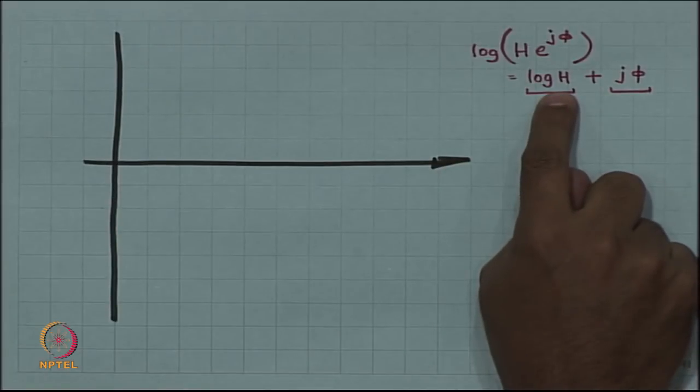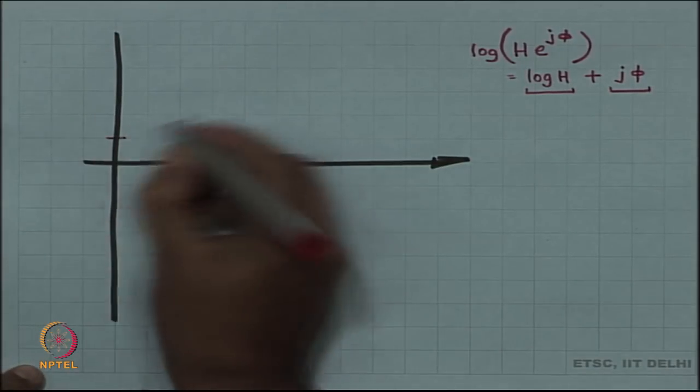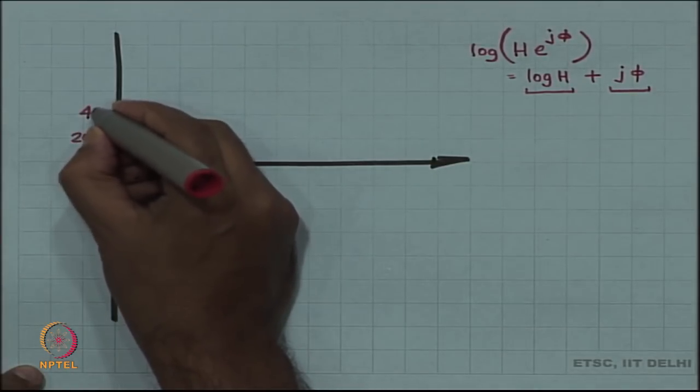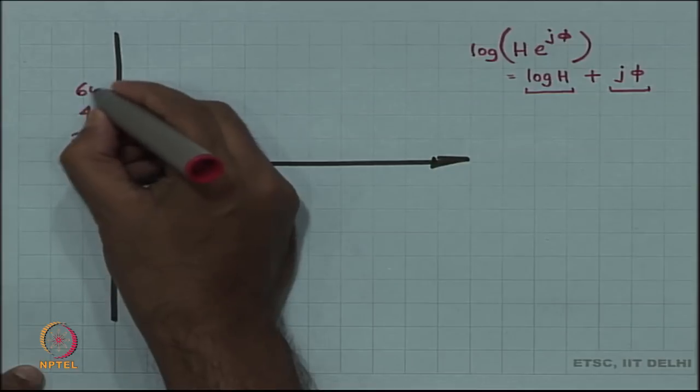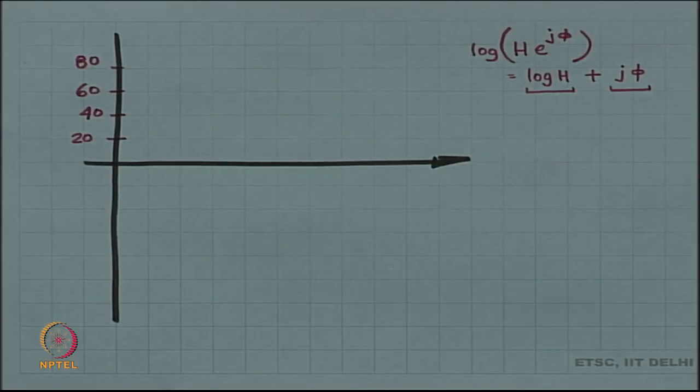Now, for the log of the magnitude, the decibel scale is actually 20 times log of the magnitude. So, instead of plotting just the log of the magnitude, you can plot 20 times the log of the magnitude, and that is the decibel scale. So, what does that mean? Every 20 decibels is actually a factor of 10. So, that is the decibel scale, every step of 20 decibels is a factor of 10.